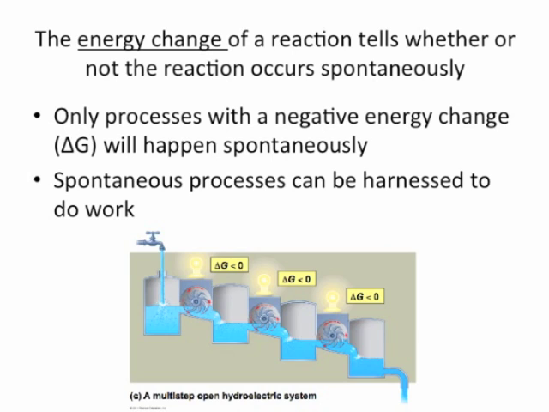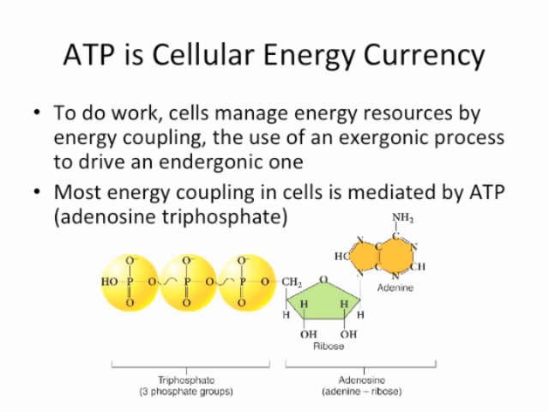And instead of directly powering an endergonic reaction, or a reaction that requires energy, they're going to transfer that energy to the equivalent of a battery that will store the energy and take it to the reaction that requires energy, and then the battery will release the energy to drive forward that reaction, like muscle contraction or transport or protein synthesis, things like that. The battery in cells is ATP.